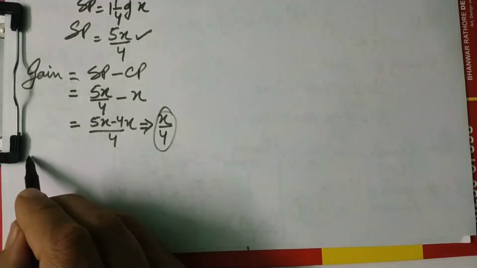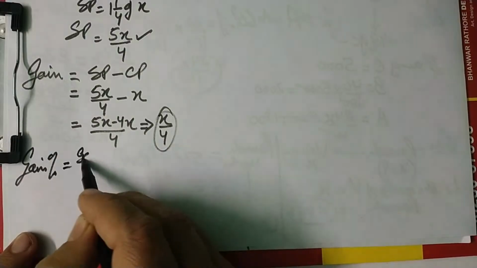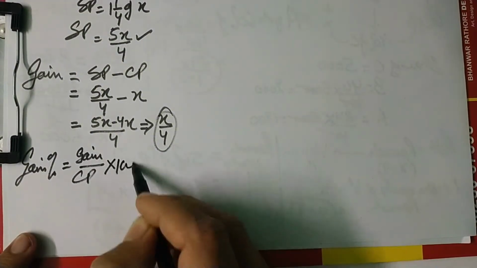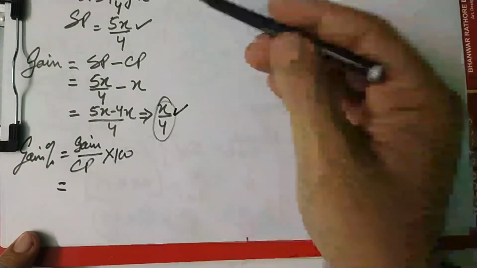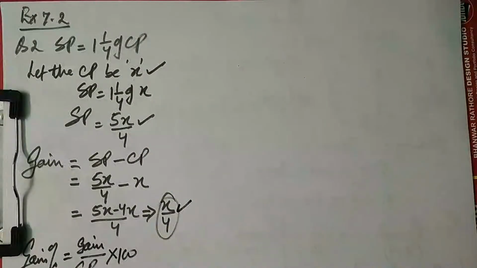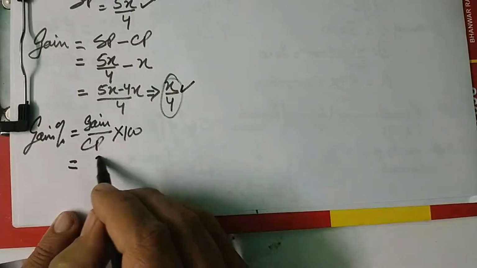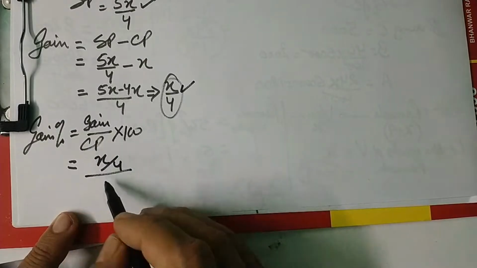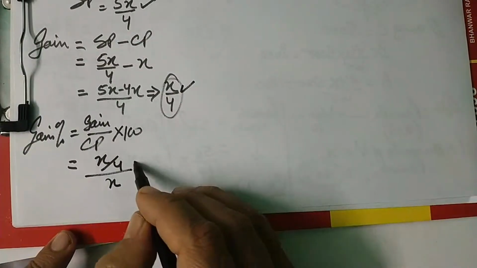Gain is x upon 4, cost price is x, we have supposed, and into 100.